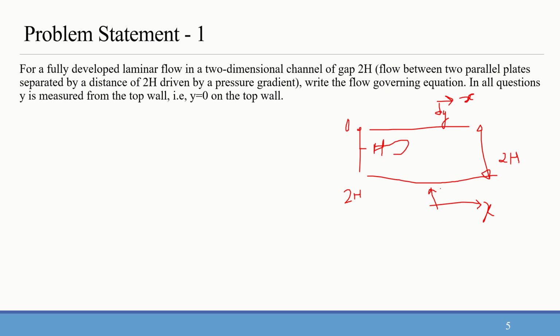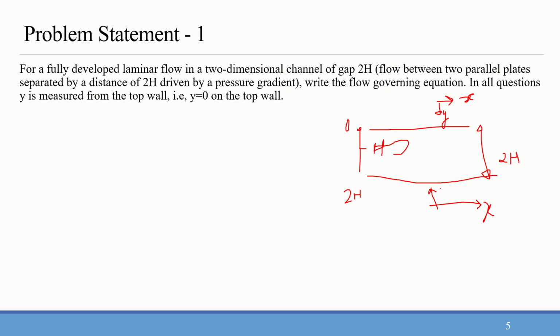That is the important thing which we need to consider before moving on to answer. So here, flow is happening in the x direction and flow is driven by the pressure gradient. So dou p by dou x will certainly be present in the Navier-Stokes equation.